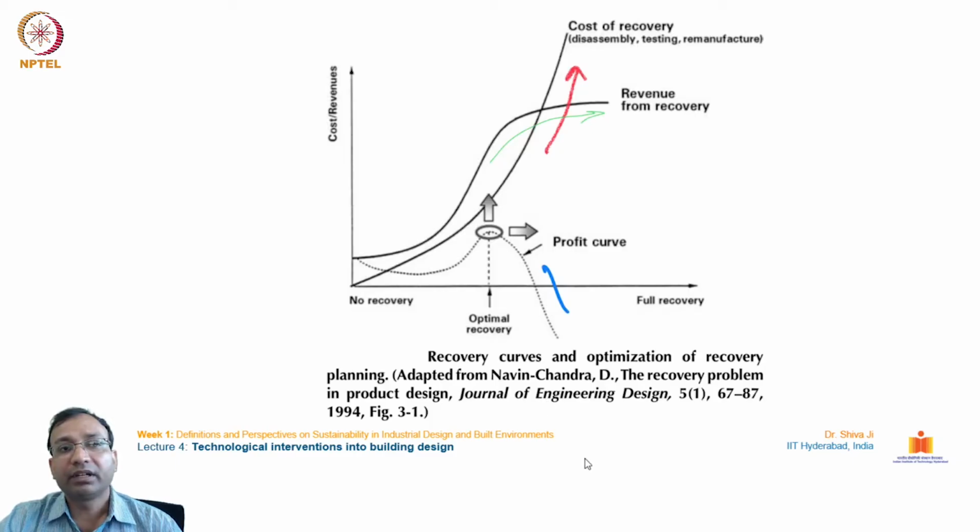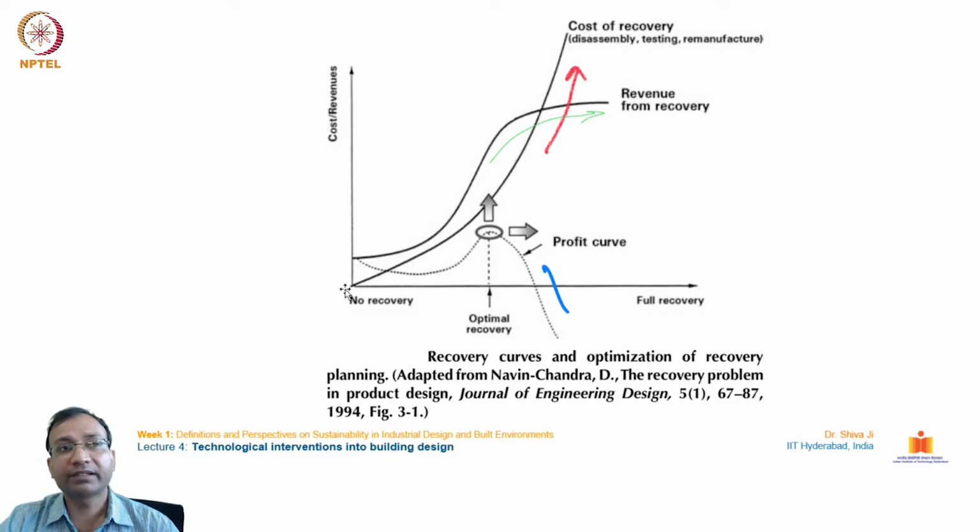So how can this recovery curve and the optimization of recovery planning be done? This paper suggests this illustration, this graph you can see. On the x-axis it has no recovery to full recovery. If a product is able to be recovered completely, or not recovered completely, then we can have somewhere in the middle.